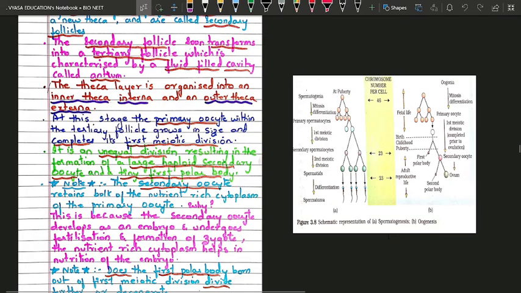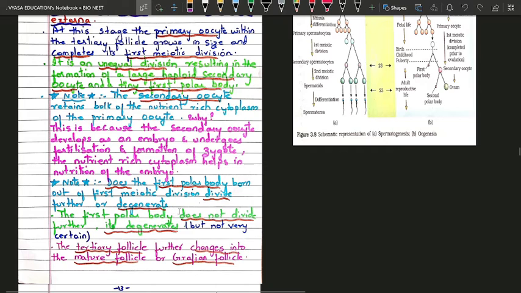This may be asked. This is because the secondary oocyte develops as an embryo. The secondary oocyte itself undergoes fertilization and formation of the zygote. The nutrient rich cytoplasm helps in the nutrition of the embryo. It retains the rich nutrient cytoplasm for nutrition. This may be asked.